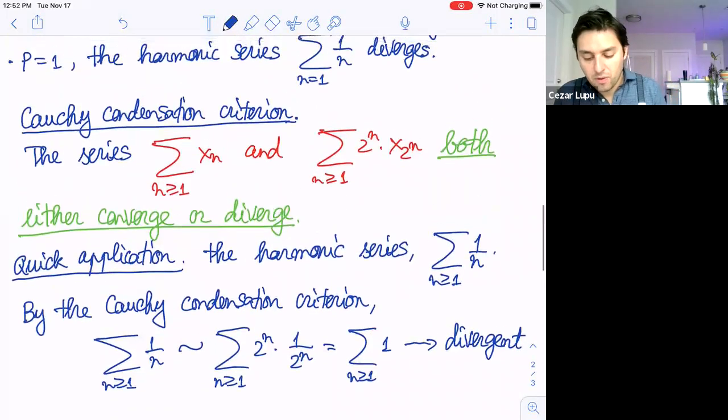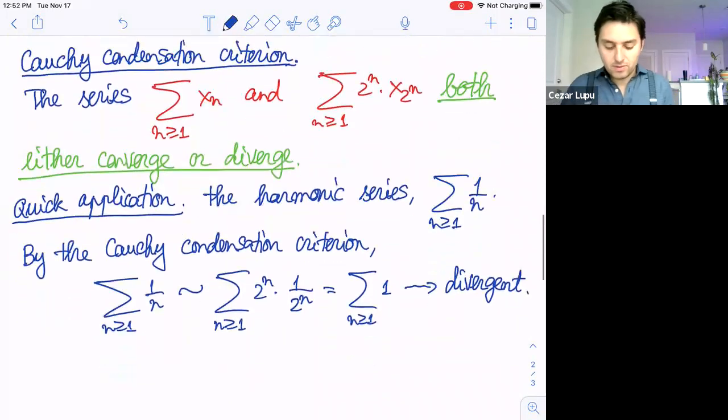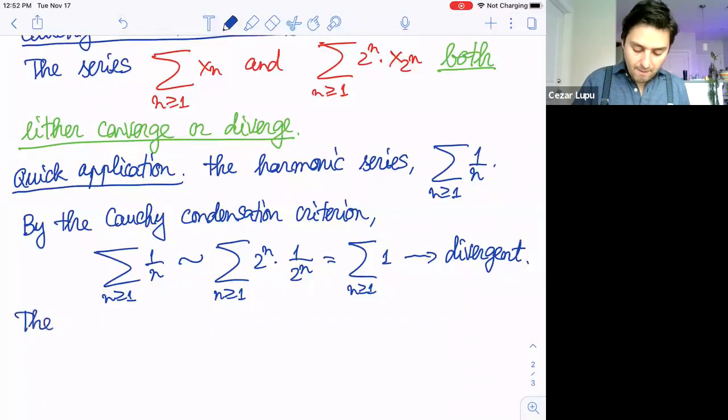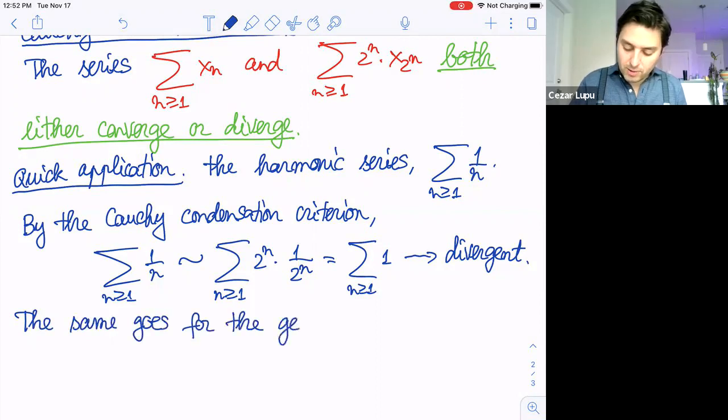And the same goes for the generalized harmonic series.